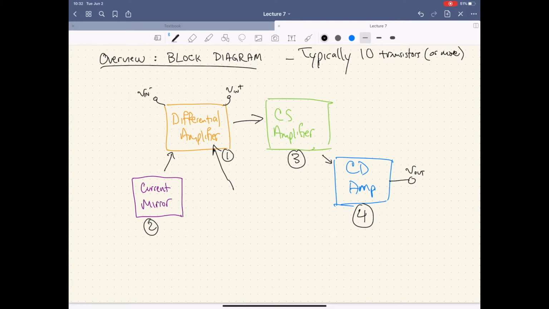Our first thing here, the differential amplifier has high input impedance. And it provides our baseline VD equal to VN plus minus VN minus. And this is the thing that we're amplifying.